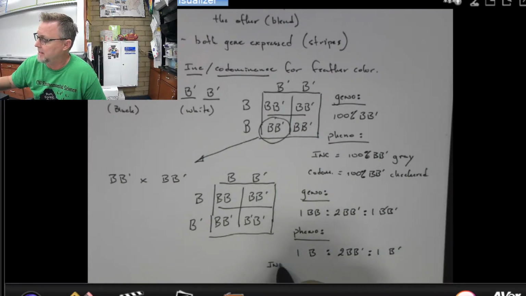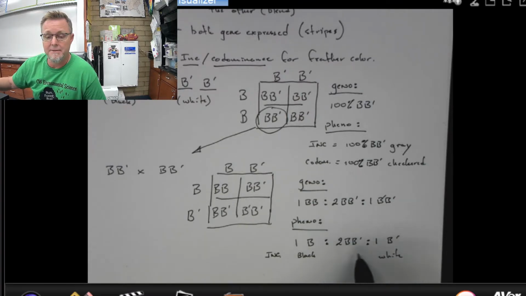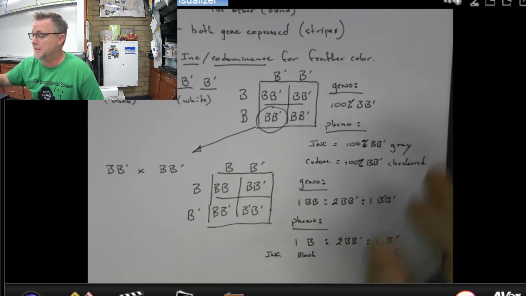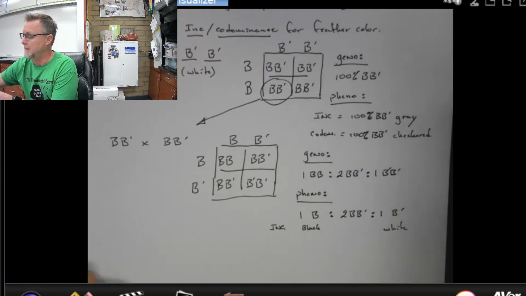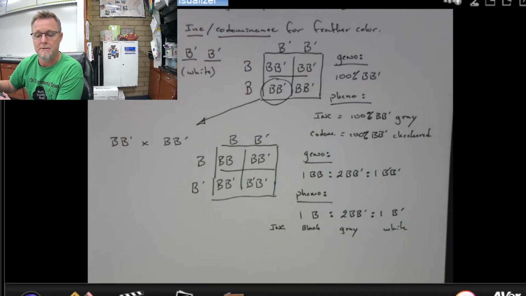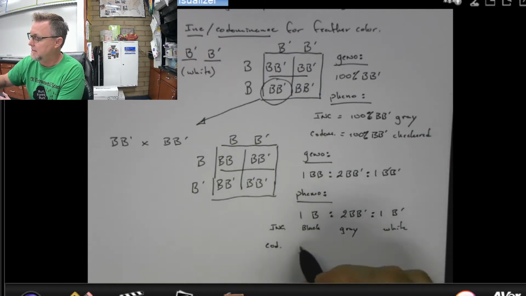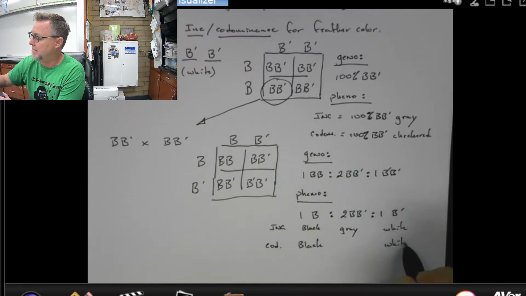If it's incomplete dominant, then your big B is black, your B prime is white, and then the 2 in the middle, the heterozygous ones, if it's incomplete dominance, they should be gray. Okay, and codominance, still black for the B, still white for the B prime, and the 2 in the middle would be checkered.